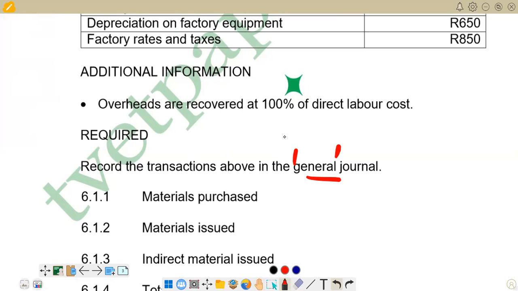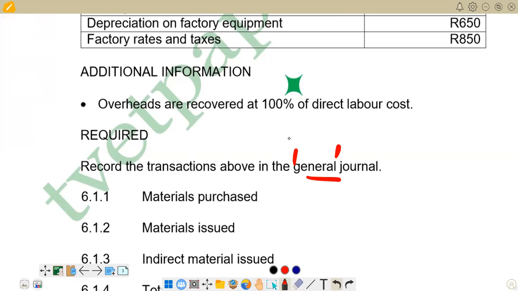And also we've got the returns journals, so those are the types of journals. So all other transactions that are not entered in those journals, we put them in the general journal.